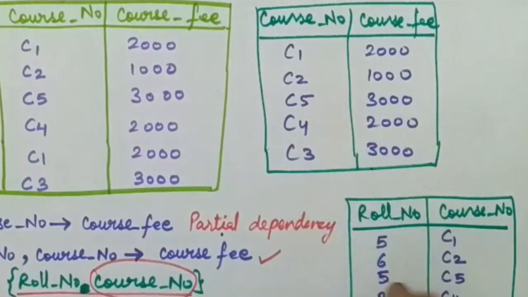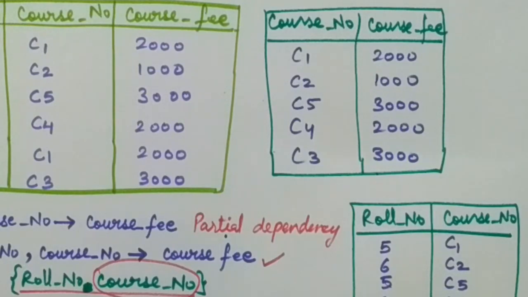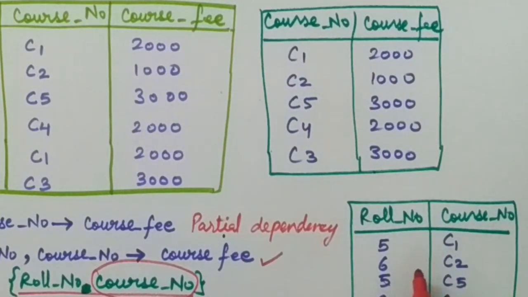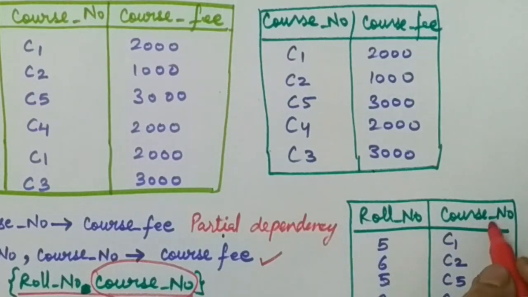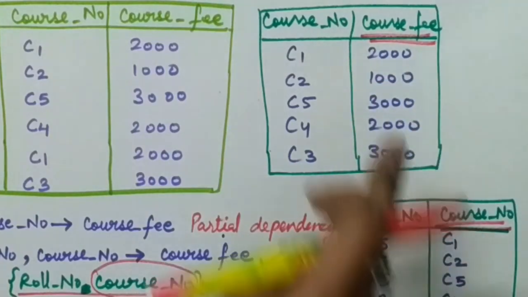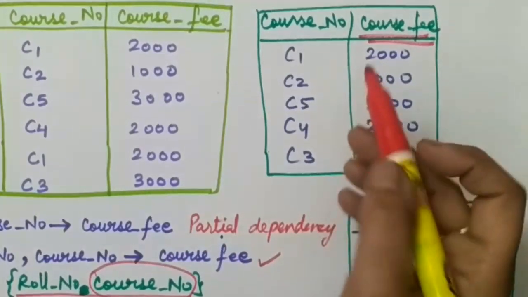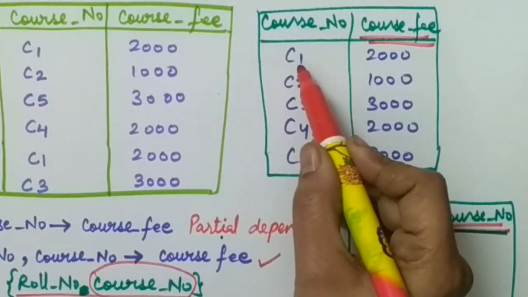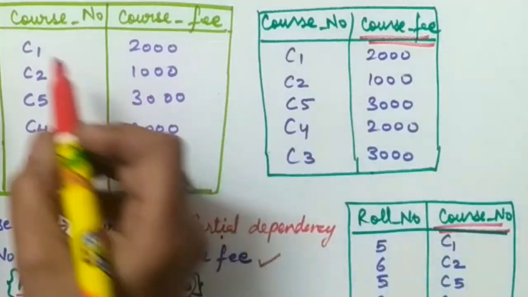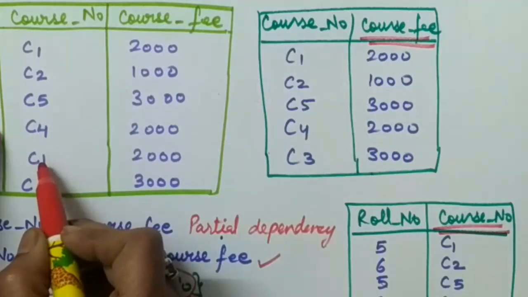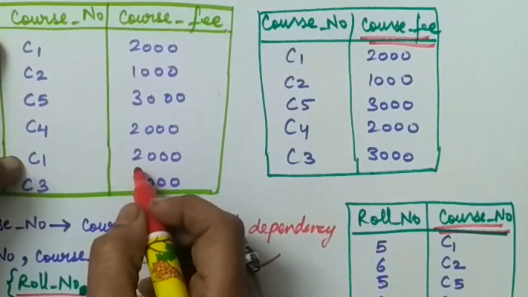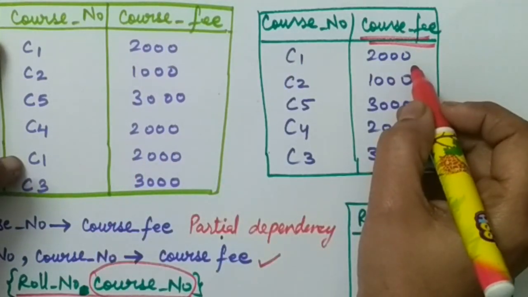Now these two relations are in second normal form. We always keep one attribute in common in the tables. Here course number is present here also and here also, as to join two tables, we need one common attribute. And in this table I have written C1 2000 only once, because C1 2000, C1 2000 is redundant data, so we will write it only once.